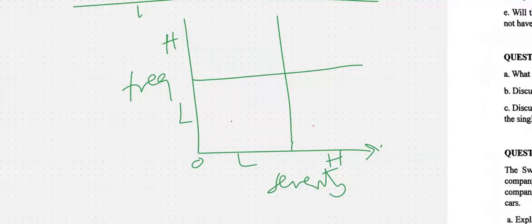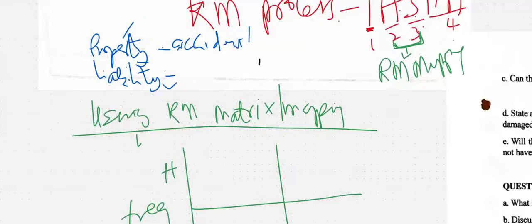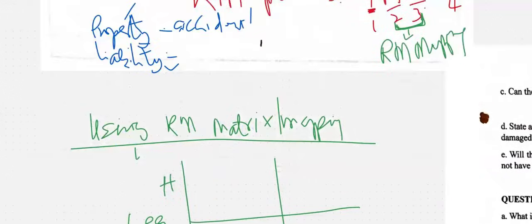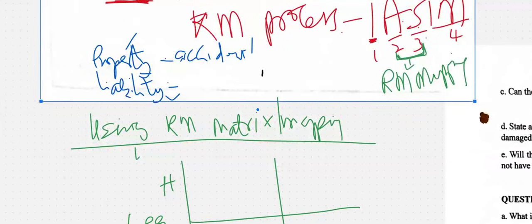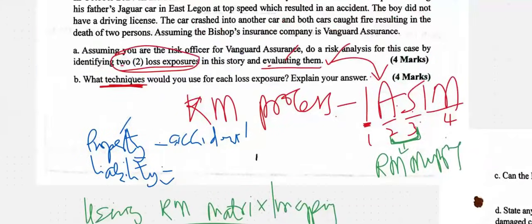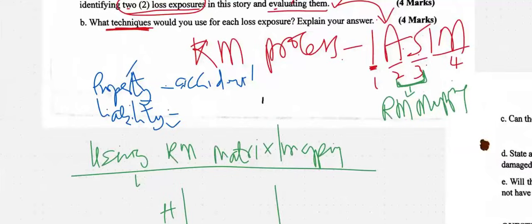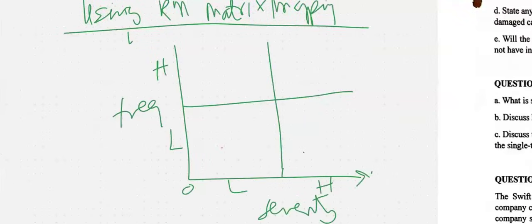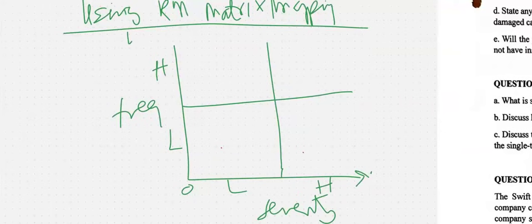Though I'm drawing this for question A, I'm going to use this same metric to solve it for question B. When I draw it once, that's all. I'm going to use the loss exposure to evaluate the two losses.